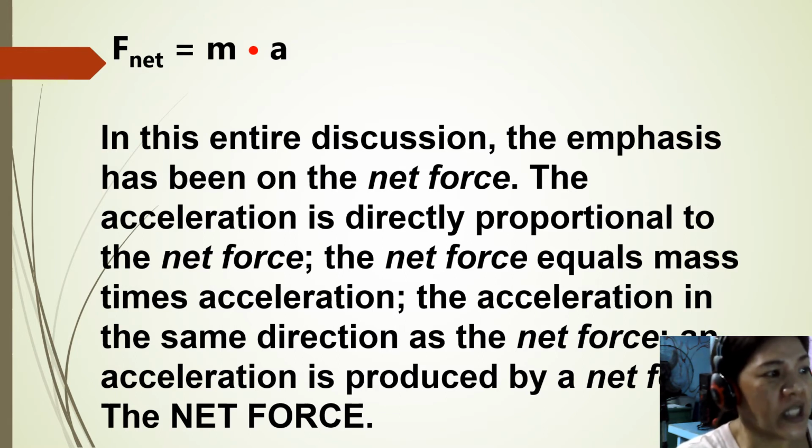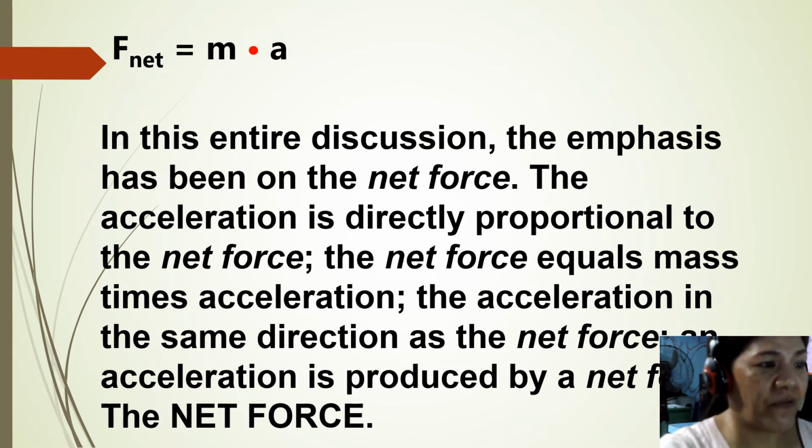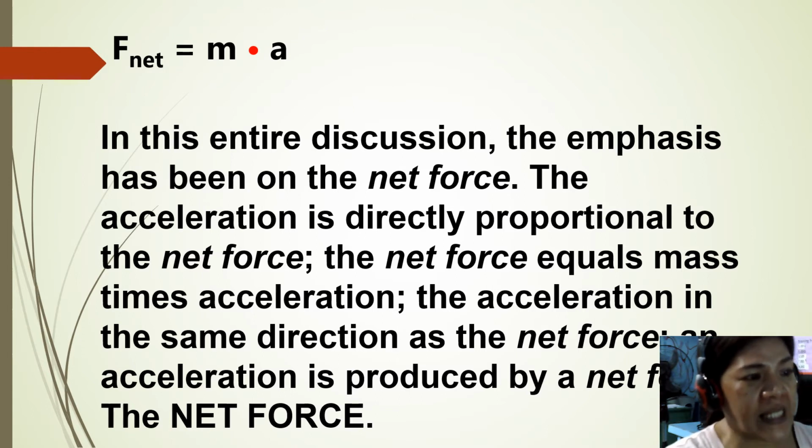In this entire discussion, the emphasis has been on the net force, so always try to get the net force. The acceleration is directly proportional to the net force. The net force equals mass times acceleration. The acceleration is in the same direction as the net force, and acceleration is produced by a net force.